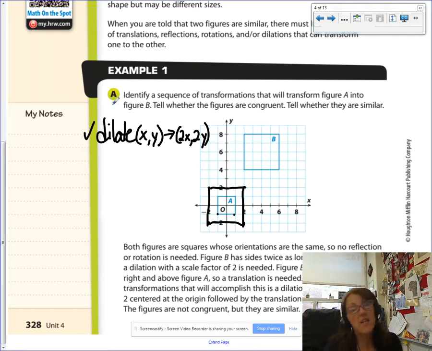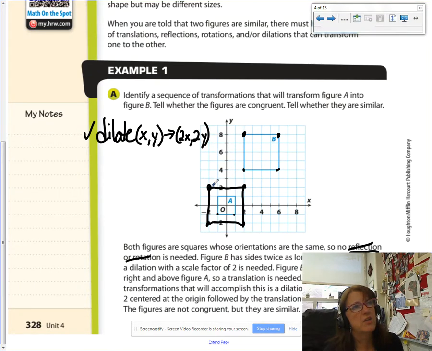Okay, so I dilated it, made it the same size. Now we've got to get this point from here up to here, this point up there, and so on. Since it's a square, I don't have to worry about spinning it or flipping it at all. Notice it said no reflection, no rotation. We've just got to slide that puppy up there. So let's start counting.